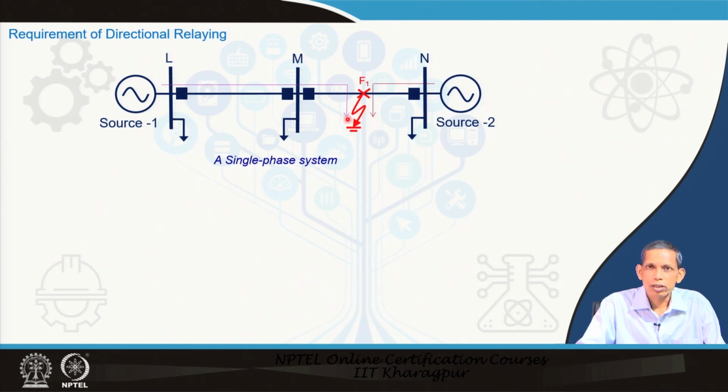So, this current, as you know, becomes also very high, and at that time the objective of the protection scheme is that the breaker at this and breaker at this at the N bus must be open, so that the fault is cleared from both the ends. Otherwise, current will flow, and that is not desirable.